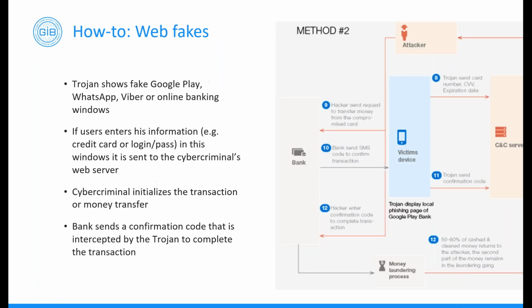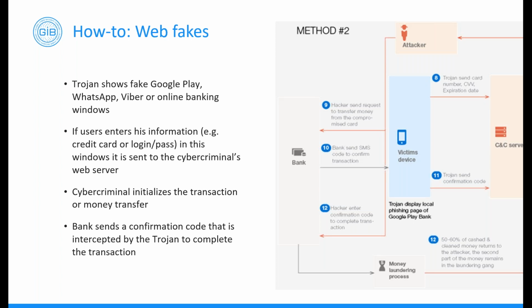Another way, which is pretty much similar but doesn't include SMS banking, is related to web fakes and application window replacement. Malware will show a fake Google Play, fake WhatsApp, fake Viber, or of course an online banking window.